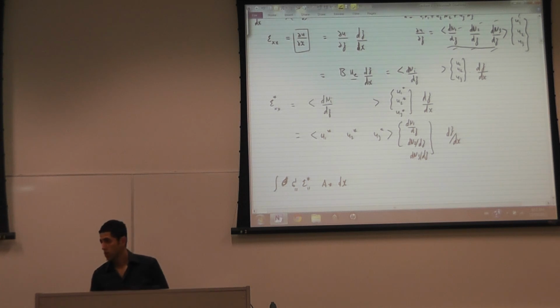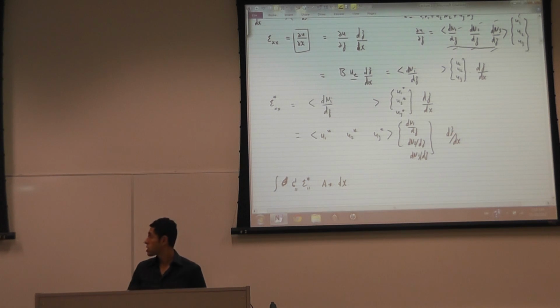The domain of the integration in the virtual work equation is the actual world, which is equal to A. Sigma on 1 is E. And then I'm going to put epsilon star on 1, epsilon on 1. And instead of dx, I would like to integrate in that beautiful world where everything changes from -1 to 1. But to do this, I have to multiply by a constant here to be able to change my integration domain.